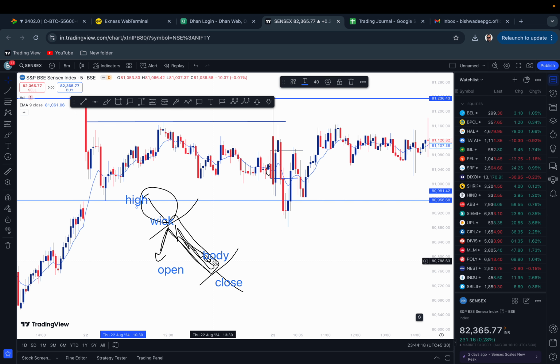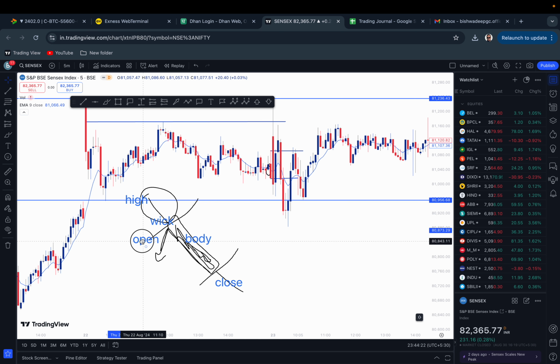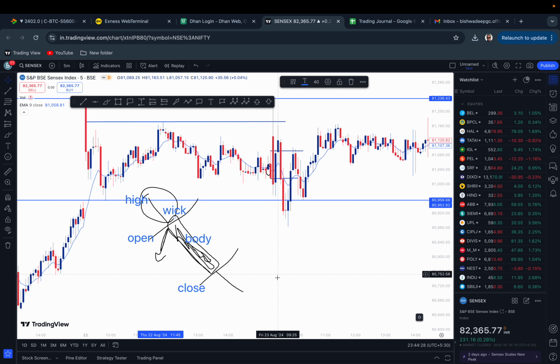This is the high, this is the body, this is open, this is close, these are the wicks and this is low. So this is the overall analysis of this candlestick. What does a body mean, wick mean, open, close, low, high?